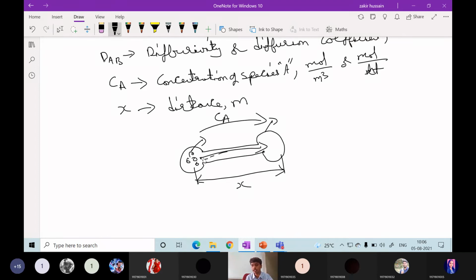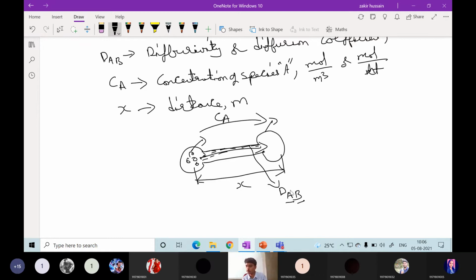Then what is the velocity at which the random movement happens due to diffusivity? That diffusivity is called D_A to B, or simply D_AB.